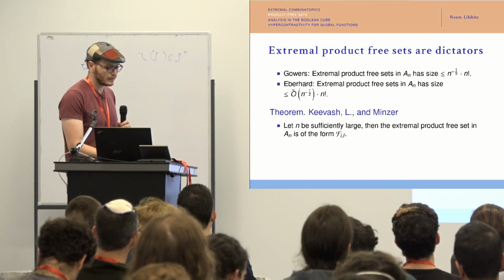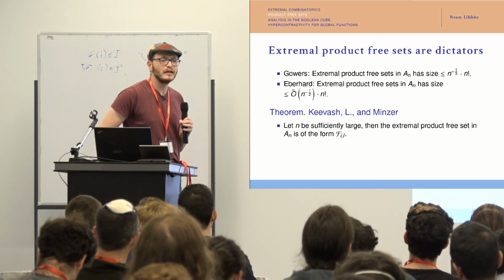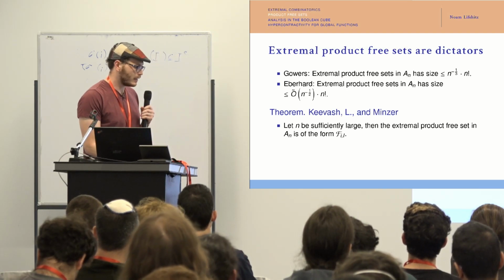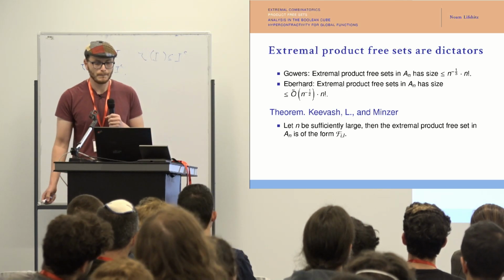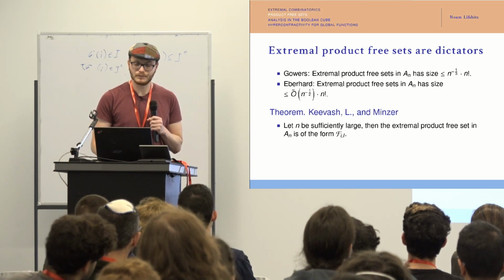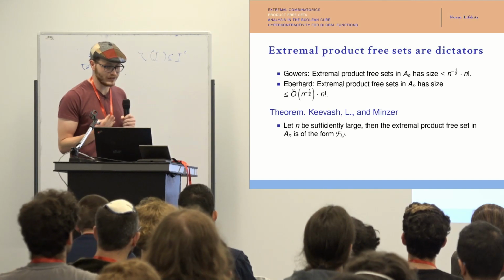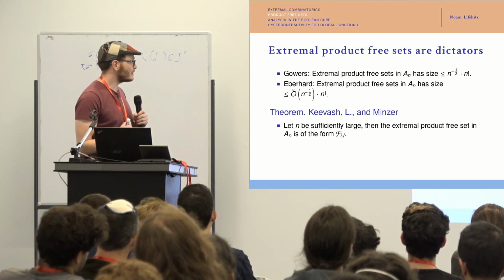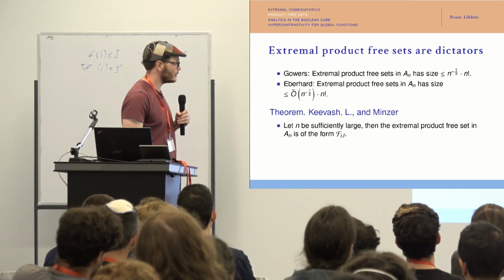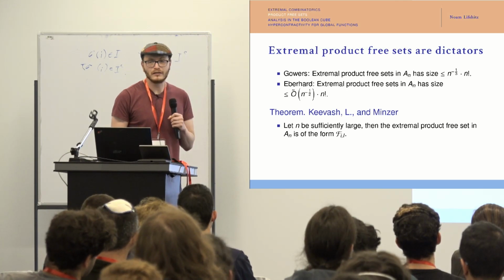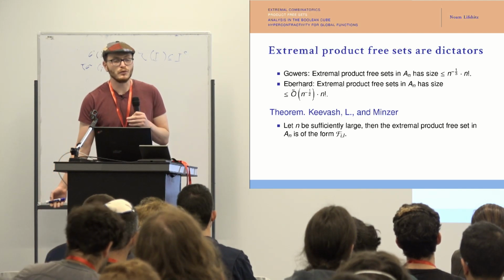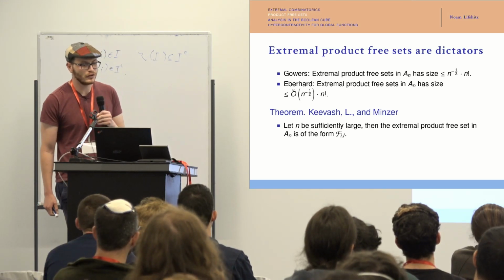So a group is said to be D quasi-random if every nontrivial representation has dimension at least D. Gowers used the fact that An has this representation-theoretic notion of quasi-randomness and deduced some upper bound on product-free sets. And this was his original motivation for introducing this notion of quasi-randomness.